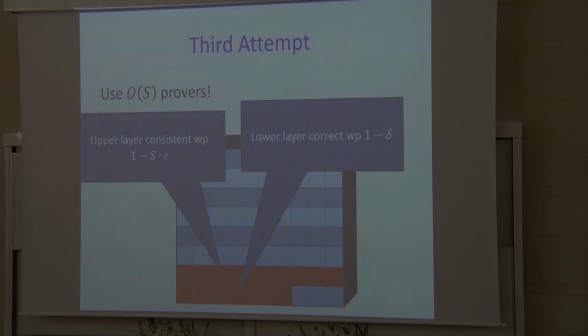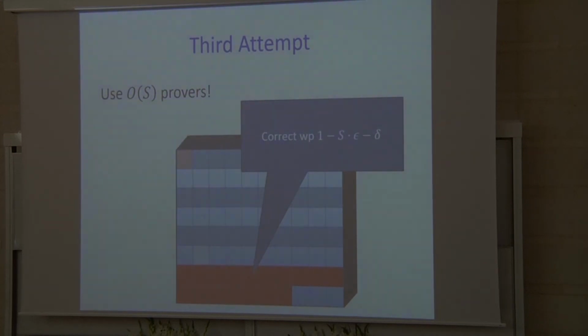So just taking a union bound over this entire second layer, we get that with probability 1 minus s times epsilon, this entire second layer is consistent. Taking a union bound over these two events, we see that the entire second layer is correct with probability 1 minus s times epsilon minus delta.